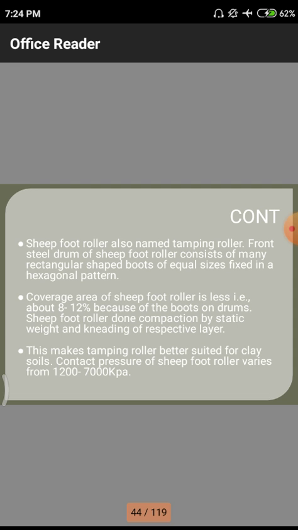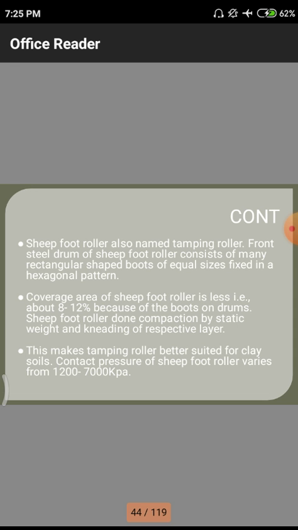The contact pressure of a sheep foot roller varies from 1200 to 7000 kilopascal. That means while the roller is moving, it has to maintain such pressure on those clayey soils. These sheep foot rollers are mainly used for clayey soils.